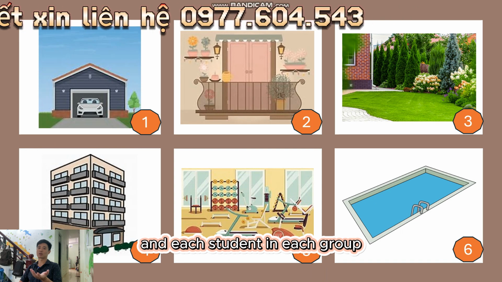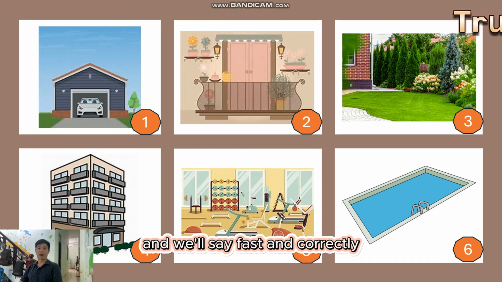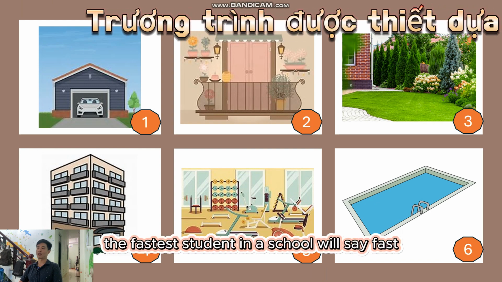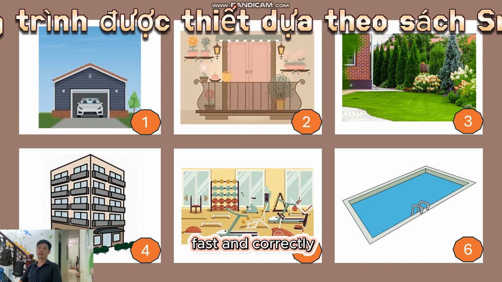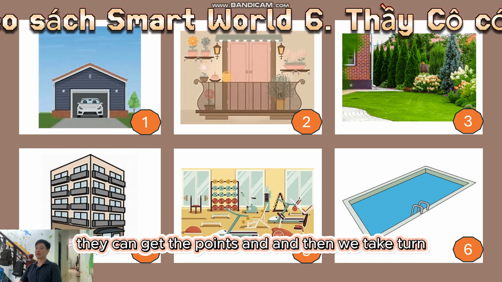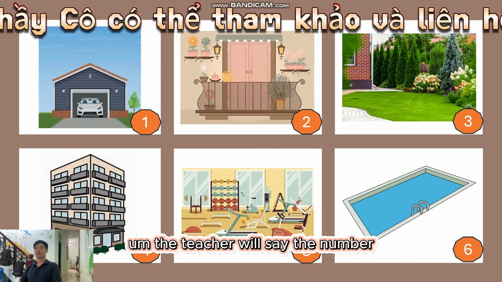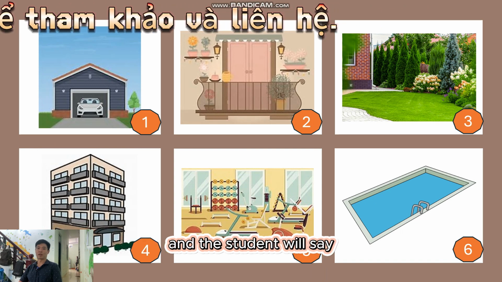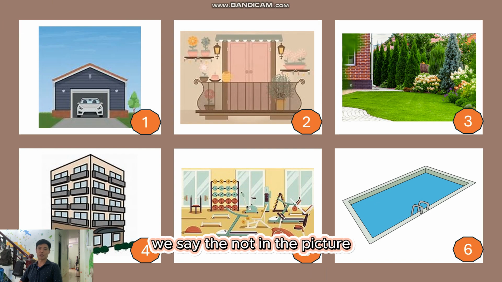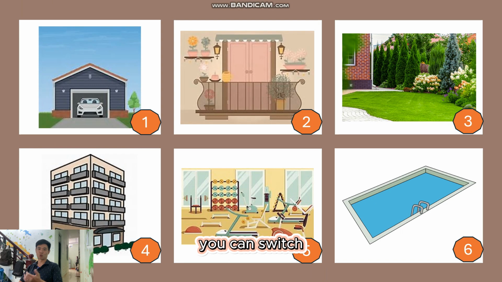Each student in each group has to answer fast and correctly, and the fastest student in each group who answers correctly gets the points. Then we take turns: the teacher says the number, and the student says the picture. Depending on how good your students are, you can switch.